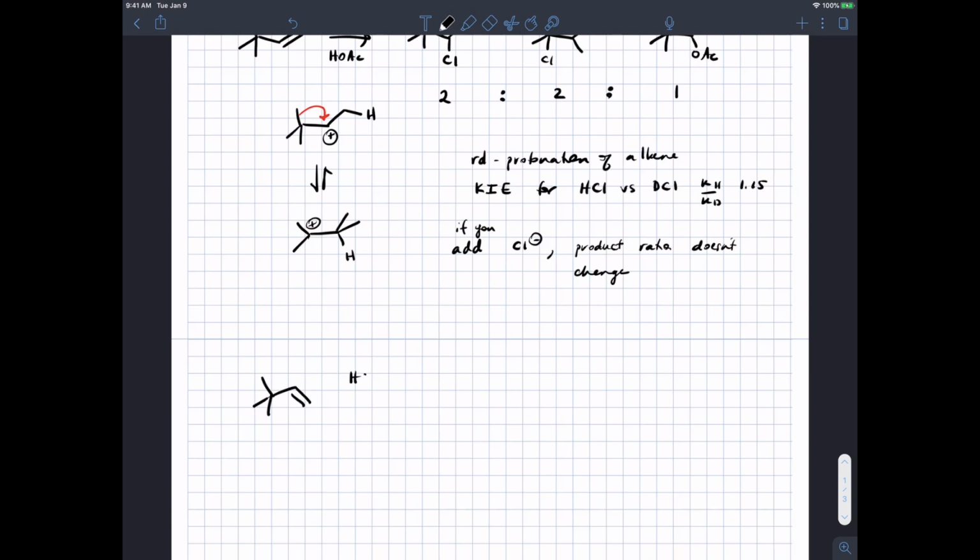So again, protonation of the alkene is slow, but what you have immediately after protonation of the alkene is not a free and breezy naked carbocation. You have a contact ion pair, and it is surrounded by a solvent cage.